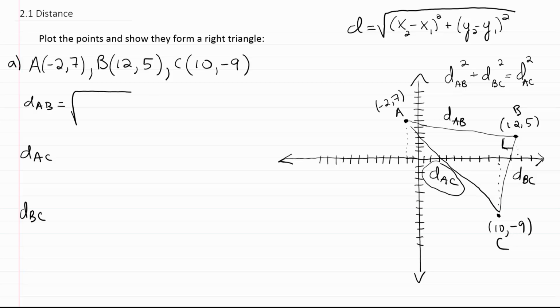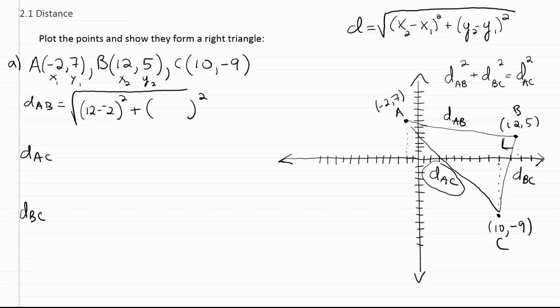All right, so the distance between A and B is simply a matter of doing the 2 parentheses squared like we always do, and then we're going to subtract off, and let me go ahead and label these guys. We'll make this x1, y1, and then x2, y2. All right, so the difference between the x's is going to be 12 minus -2.